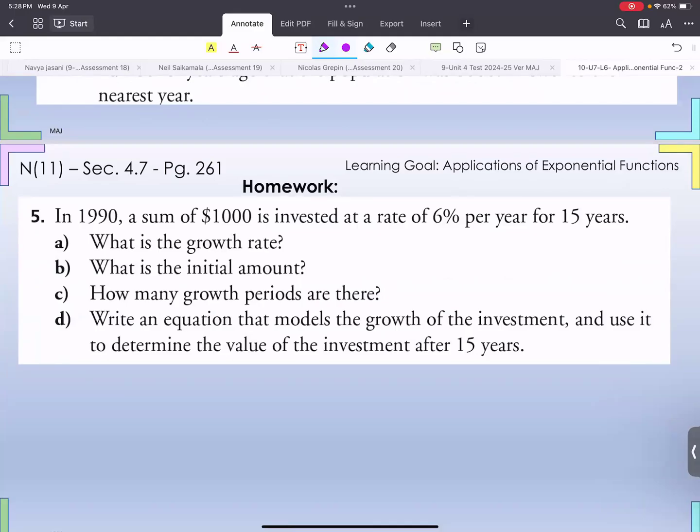Actually, I'll have all this printed out and you can work from there. You don't need to really pause the video.